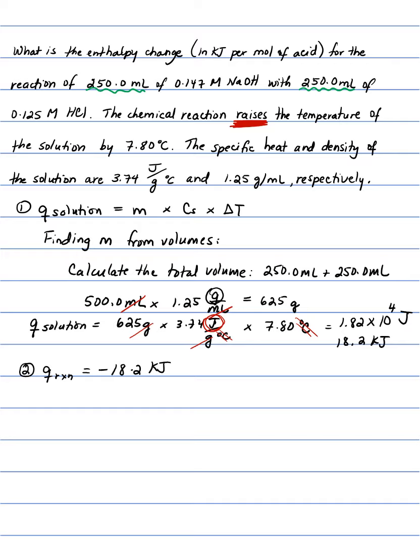So one last thing, we're calculating delta H in kilojoules per mole, and we already have the kilojoules, but we need to find out the moles of the acid. So kilojoules per mole of acid, to find out the moles of HCl. Let's see what information we have.